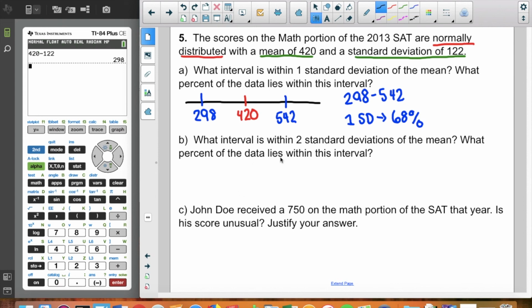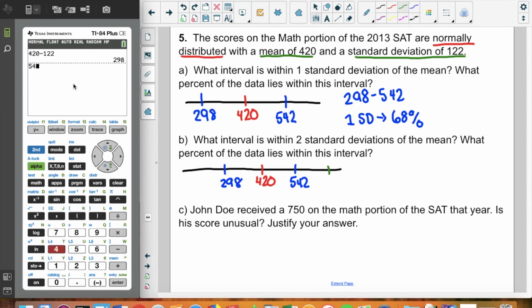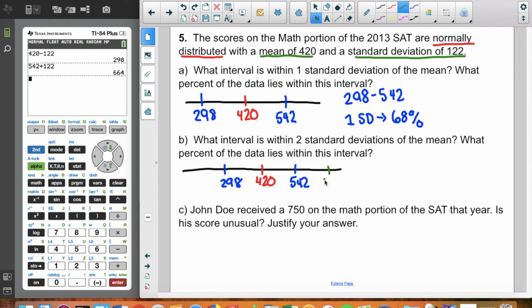So now it says what interval lies within two standard deviations. Let's find out. So the mean is in the middle. We already found the first one, which was 542 and 298. Let's go one more. So to get to the next point, we have to add 122, and we get 664.